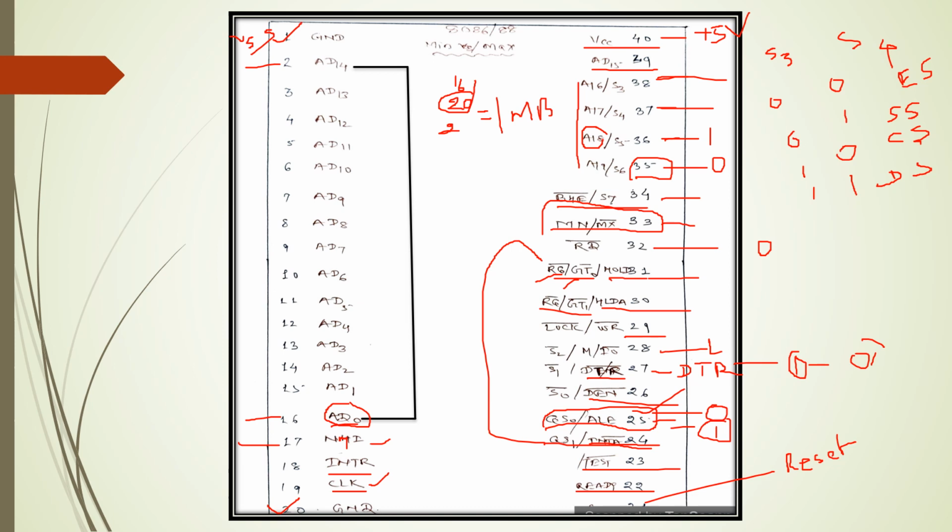In maximum mode the microprocessor is used in a multiple processor system. If there are two processors, one processor is working and another processor requests the system bus, and the system bus is granted by this pin.